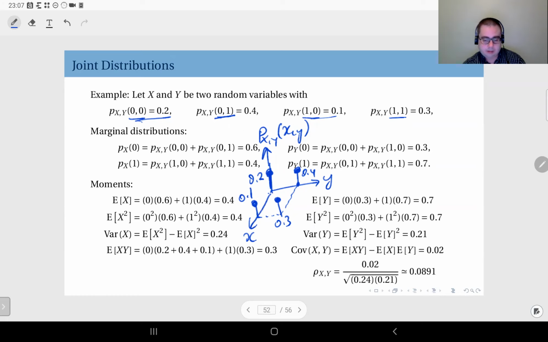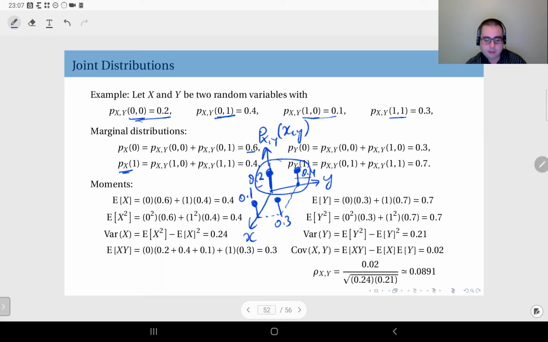Now, I would like to find the marginal distributions first. To compute the marginal distribution of x for a fixed x value, for instance, x equals 0, these two are the outcomes which have x as 0. So I need to add them up, 0.2 plus 0.4.